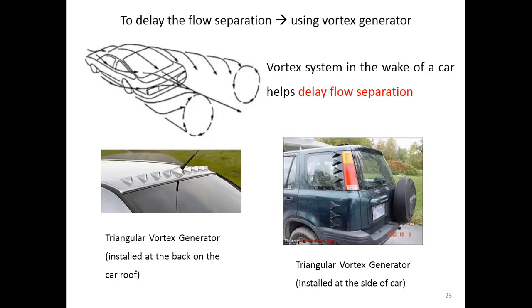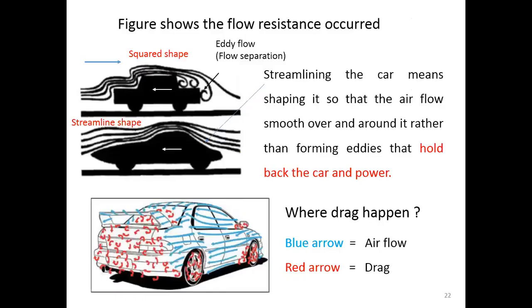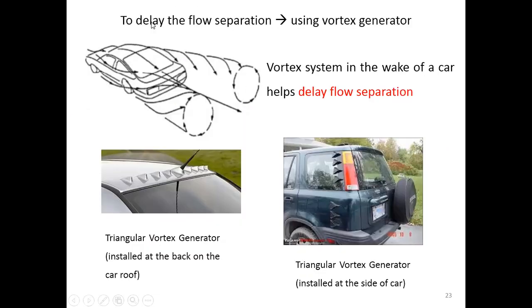It means we allow it to happen, but if it happens, please let it happen outside the region of the car, not within the region of the car like this. We want it to happen outside here. Okay, that is what we mean.